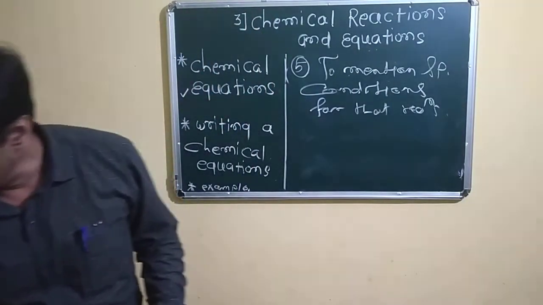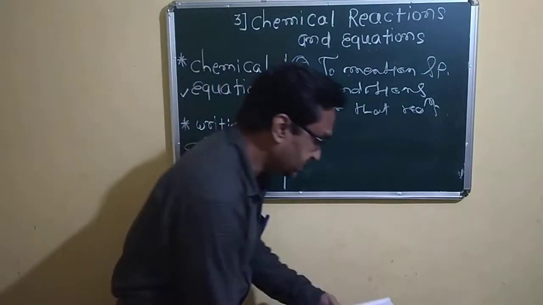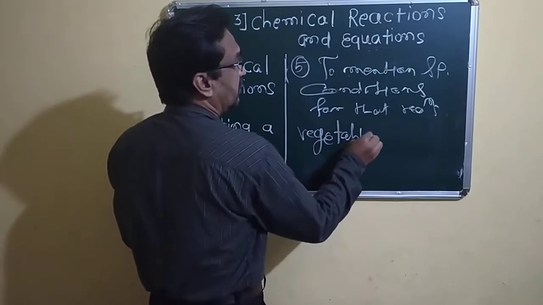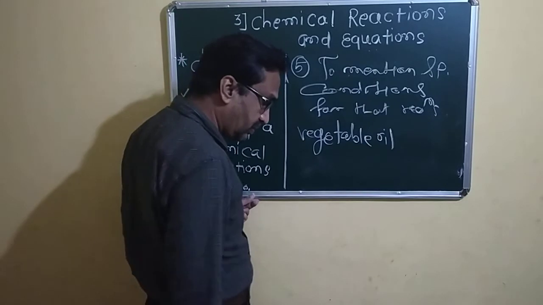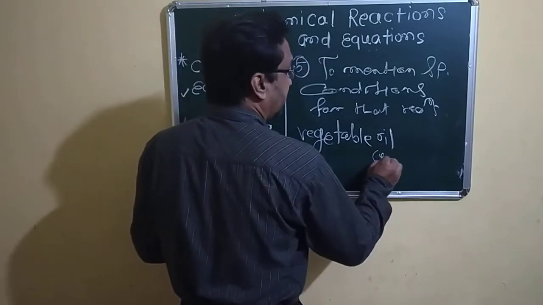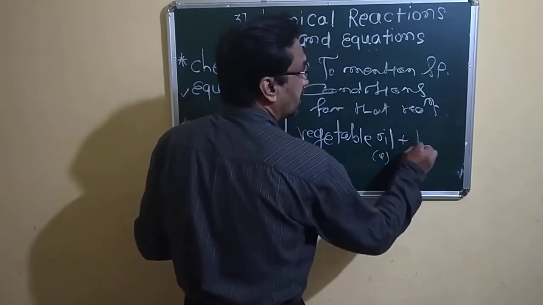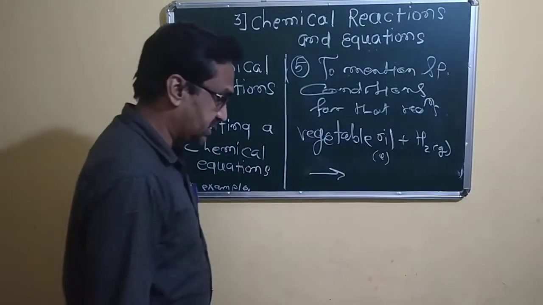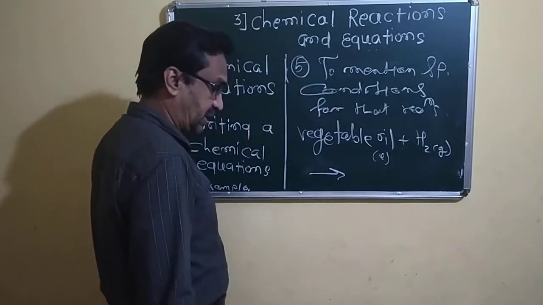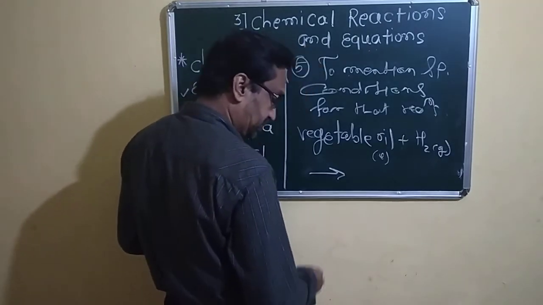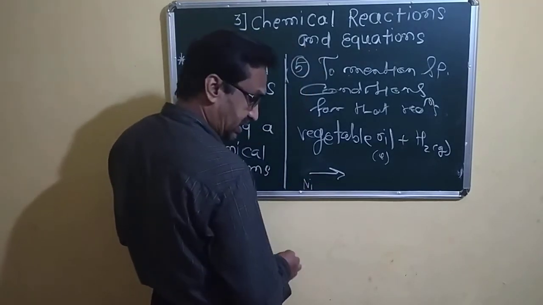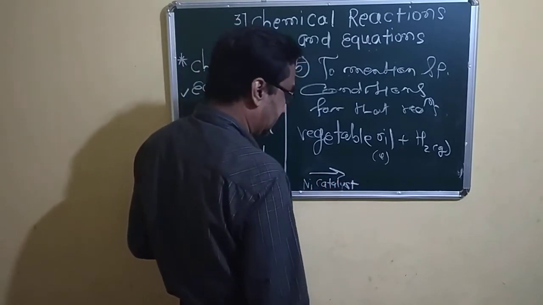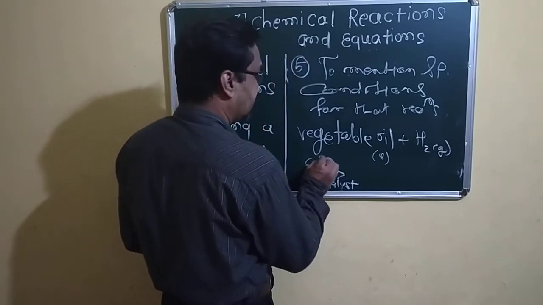We have taken the example mentioned in our book: vegetable oil, which is in liquid form, reacts with hydrogen gas in the presence of a nickel catalyst, at 60 degrees Celsius as the temperature.